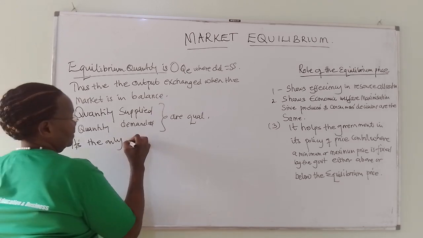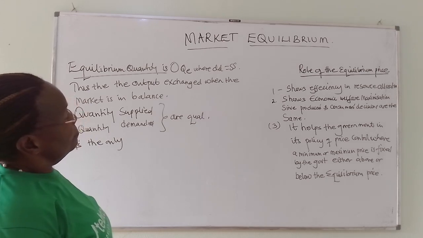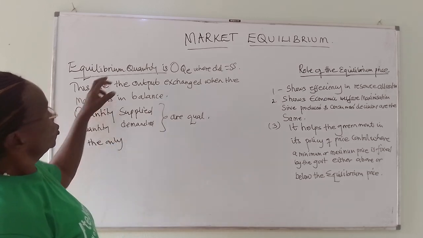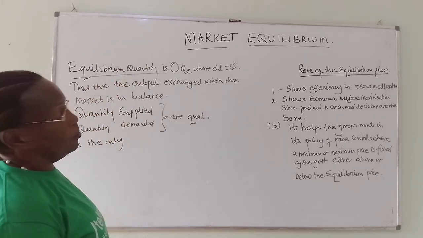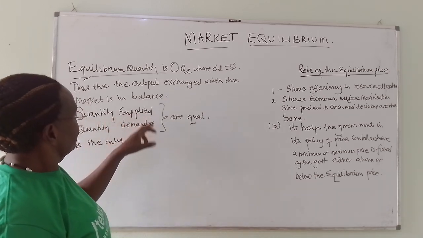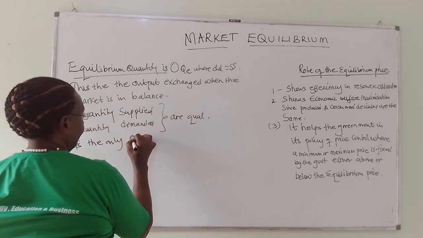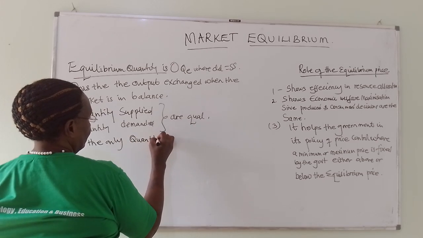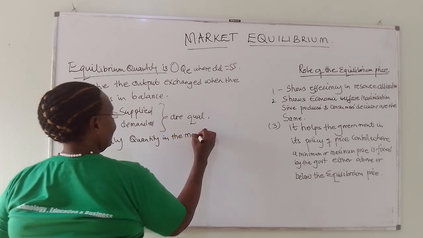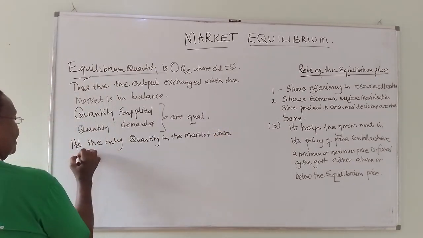It is the only quantity in a market or in a free enterprise economy which makes demand and supply to be equal. It is the only quantity in the market where demand and supply are equal.